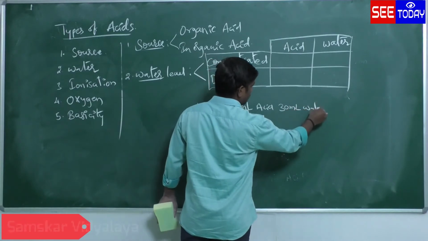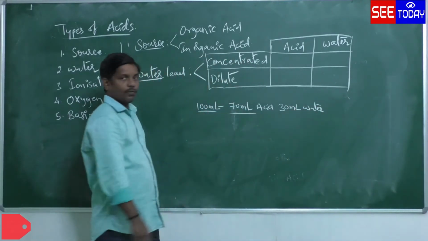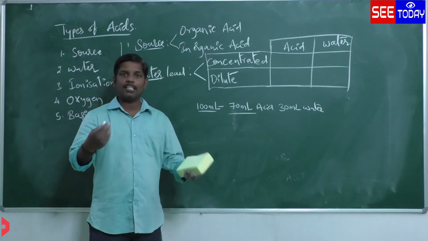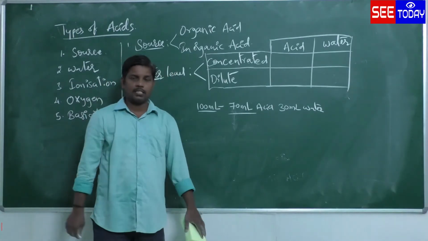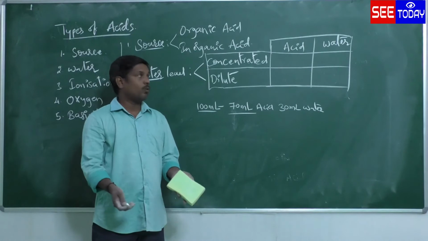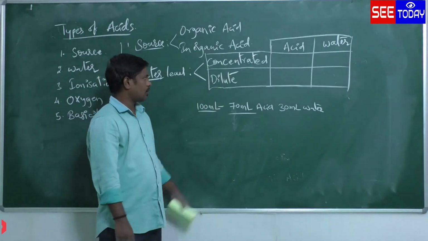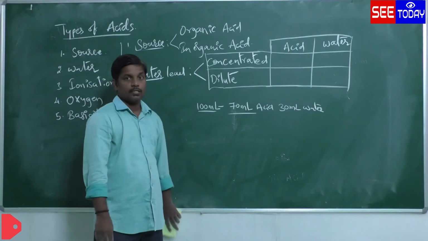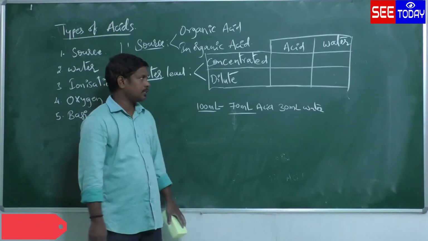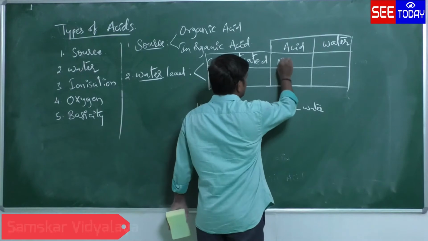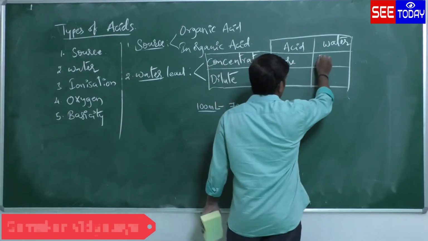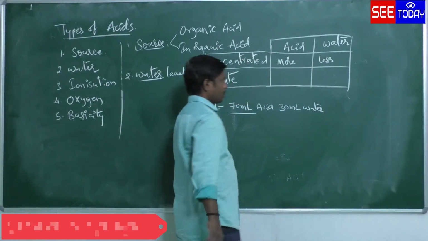So in this, acid level is more. If acid level is more and water level is less, then we can call that a strong or concentrated acid. So acid is more, water is less, right?